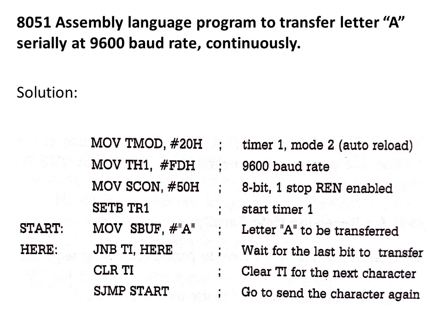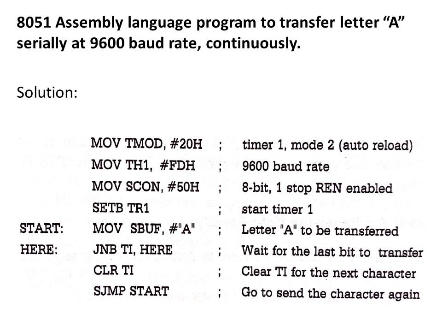The next instruction is MOV SCON, #50H. That means the SCON serial control register is loaded with the immediate value 50H. So with this the data representation is 8 bit, 1 stop bit, and REN is enabled.